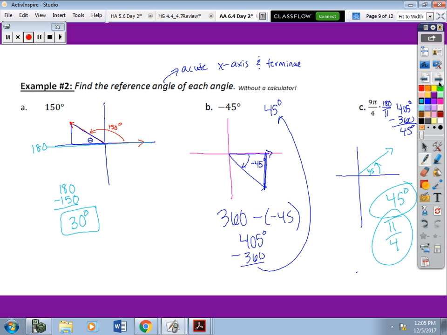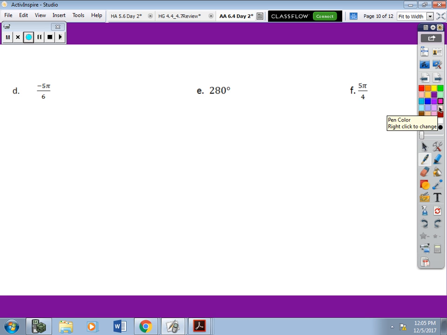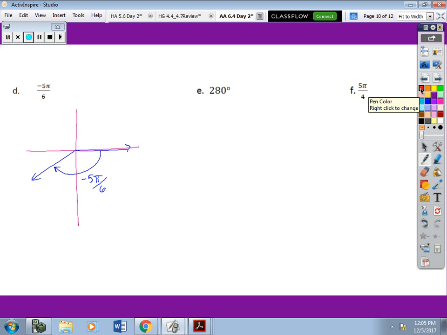Okay, we have another one that's negative. If you want, you could just graph it using radians, which is what I would do. But negative 5 pi over 6. So the angle we're looking for would be right here.